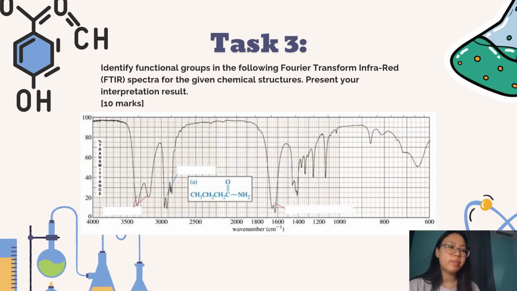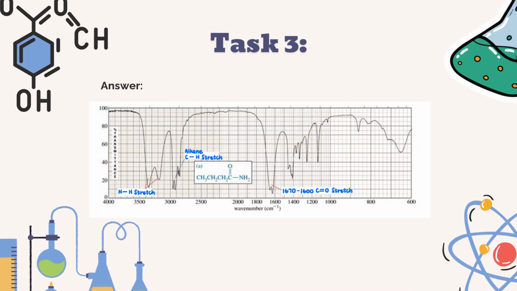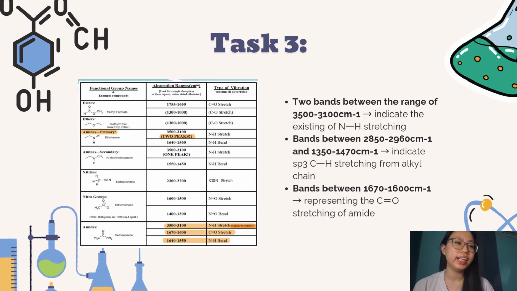Next, the second diagram shows the FTIR spectrum for another chemical structure. So in this slide, the picture shows another FTIR absorption frequency table. From what I have highlighted in the picture, we can notice that most of the peaks in the spectrum come from an amide.